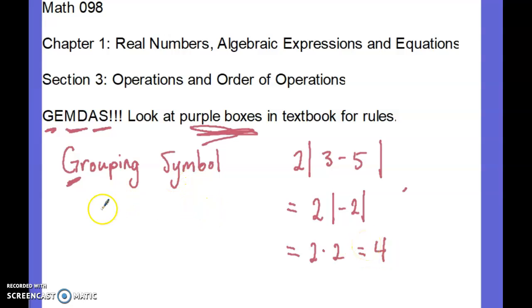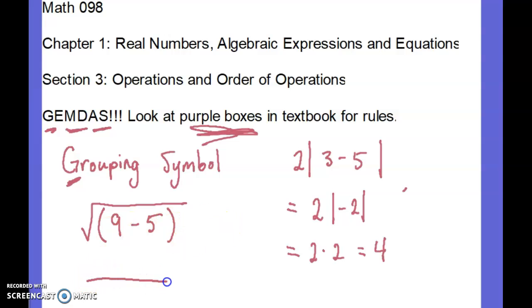Another reason why I like the phrase grouping symbol is I've seen students get confused if you have a square root that goes over everything, because there are no parentheses here. But technically, since the square root goes over everything, you have to do 9 minus 5 first and then square root.